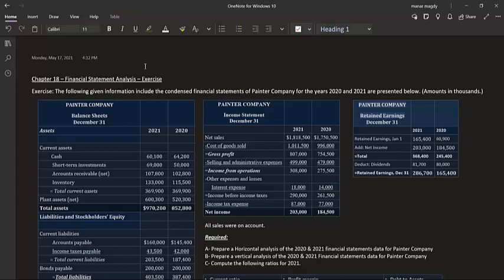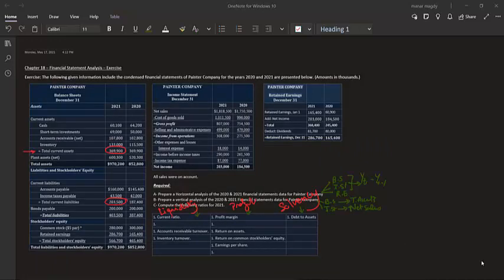Here we've got Painter Company, and these are the consolidated financial statements for Painter Company during the years 2020 and 2021, and you are required to prepare the horizontal analysis. Secondly, you are required to prepare the vertical analysis. Then you are asked to answer each of these ratios.